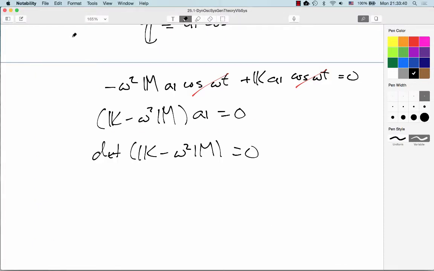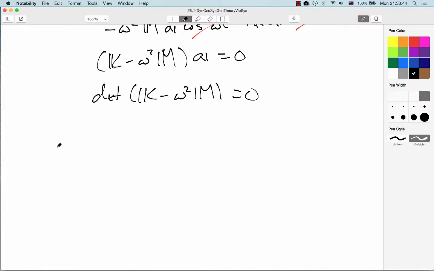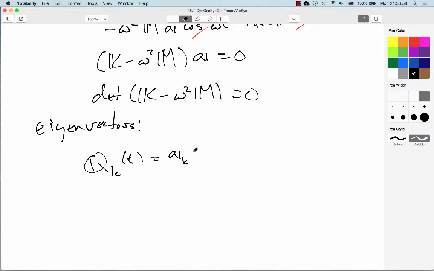So with that cautionary tale out of the way, somehow we get our eigenvectors. And they are qk of t is equal to our ak times cosine omega k t minus delta k, just like before.